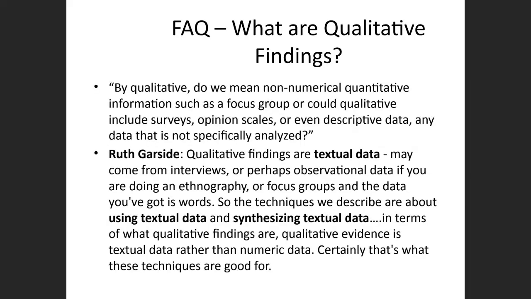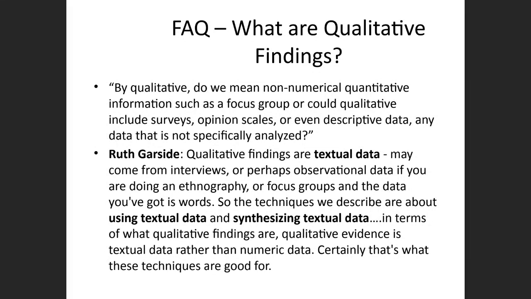Our colleague Ruth Garside explained very nicely how qualitative findings may be identified. This may be the textual data from collecting interviews, observational data from doing an ethnography. It may be data from focus groups, but it's characterized by being in the form of words.